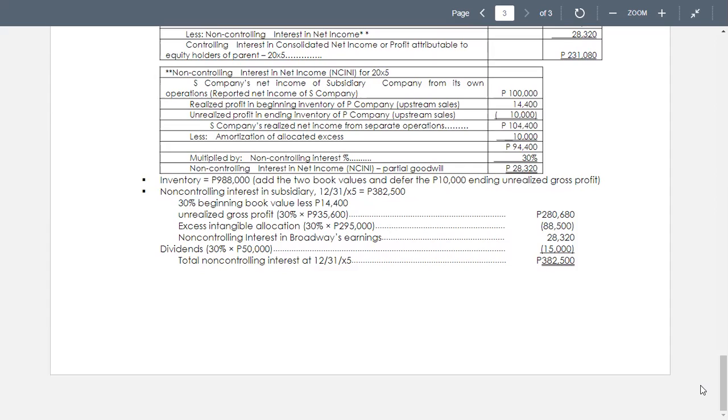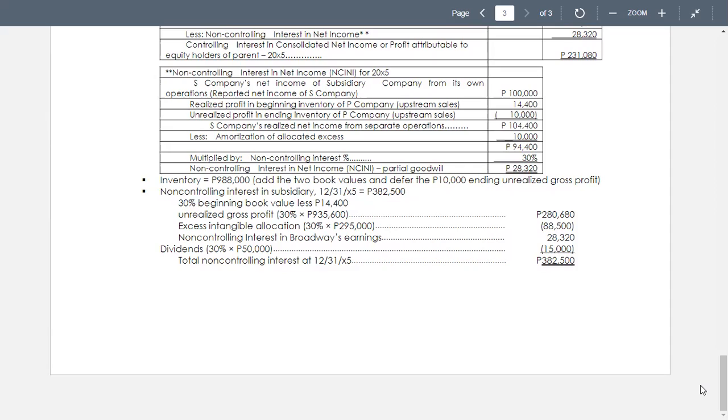So the intercompany gross profit is 40,000. And 20% remains at the end of the year. So we multiply 20% to 40,000. The unrealized intercompany gross profit is 8,000.